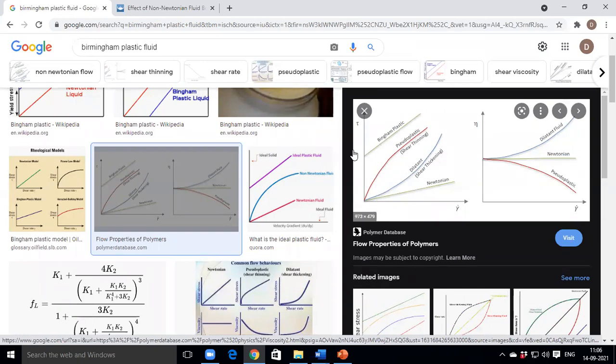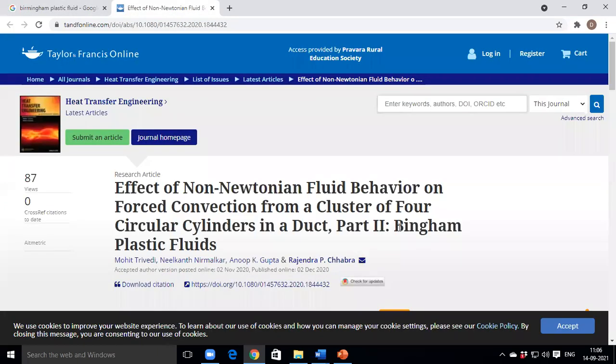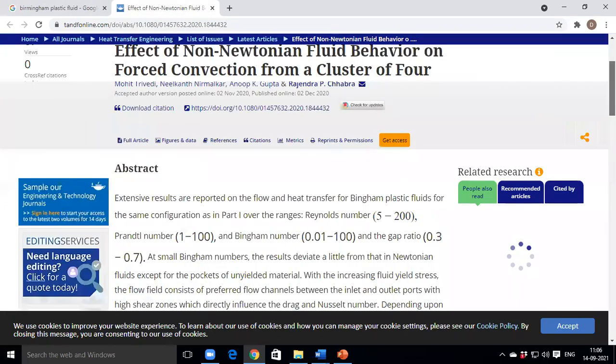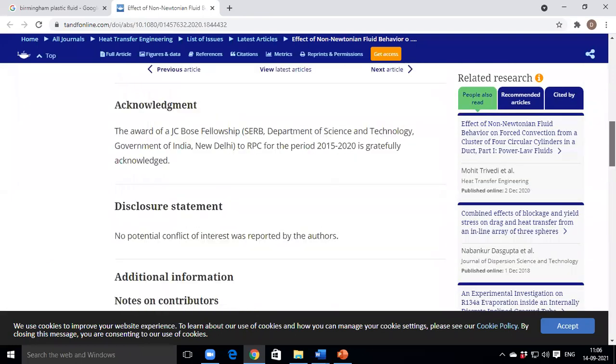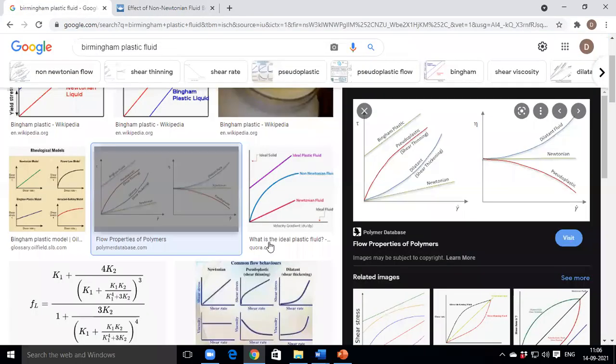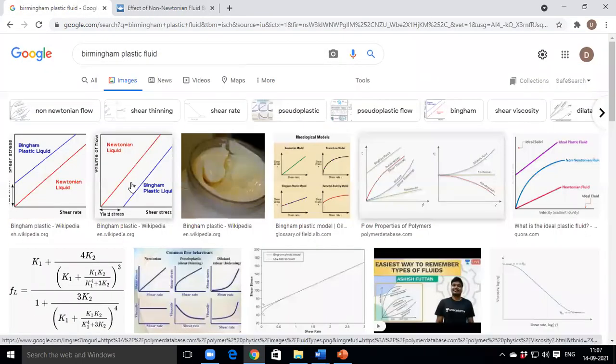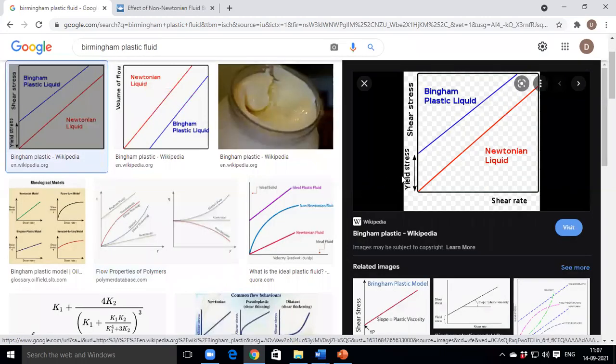Bingham plastic fluid, and see this graph. Bingham plastic fluid is a straight line. Is it visible?